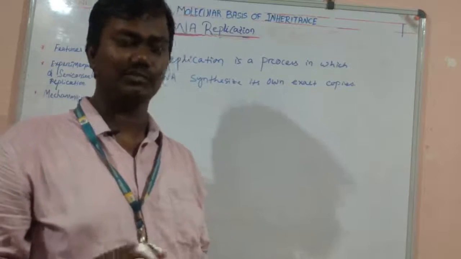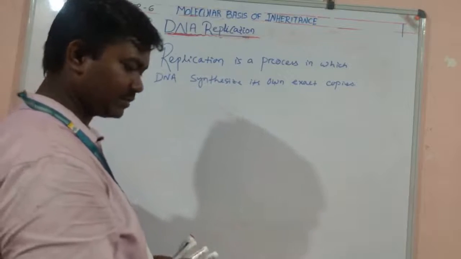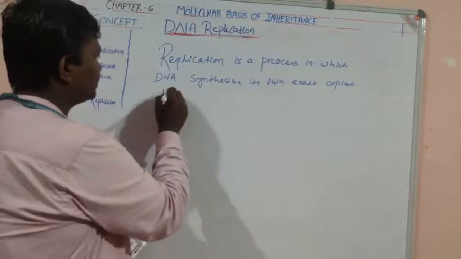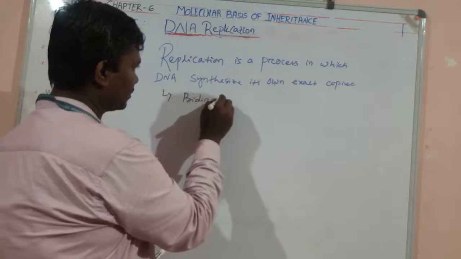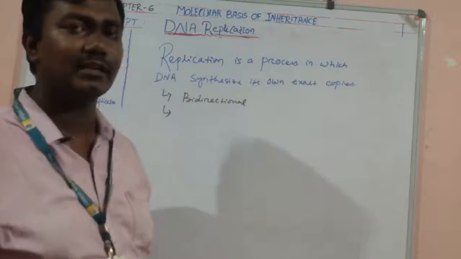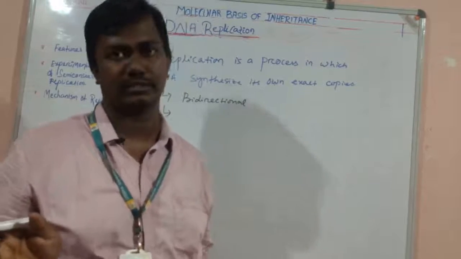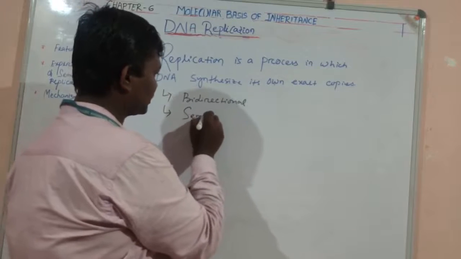come to the features of DNA replication. First one is it is bidirectional. Bidirectional means DNA replication occurs in both directions. Then semi-discontinuous in nature.